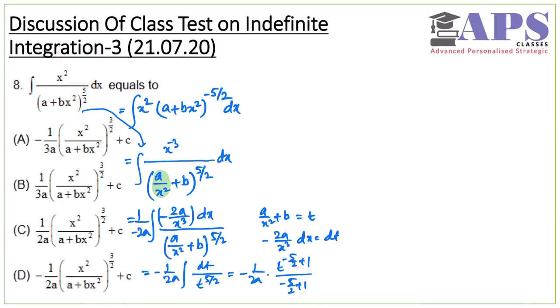So I will get 1 by 3a and t to the power minus 3 by 2 in the numerator. So (a by x square plus b) whole to the power minus 3 by 2 plus c. So that when you simplify, you will see that option B will be correct.